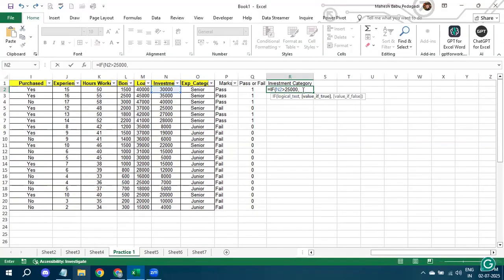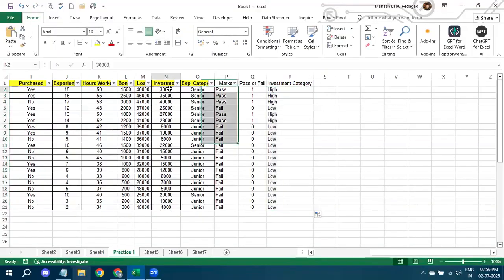What is the true value? Yeah, sure, Anil, I will share all these files. True value, high investment, high. You need to mention the quotes for the string data. If I say comma, what value if the value is false? Low. That is what it is trying to say. See, is 30,000 greater than 25,000?